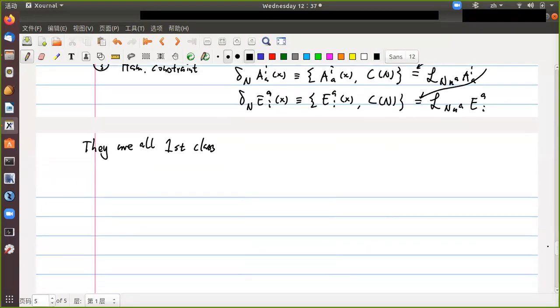Firstly, if you compute the Poisson bracket between two Gauss constraints, the result is still a Gauss constraint, with the commutator of lambda j tau j. Here I consider lambda to be Lie algebra valued, with lambda j the coefficients in front of the Lie algebra generators tau j.